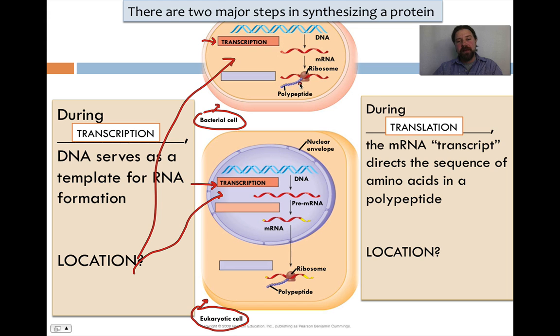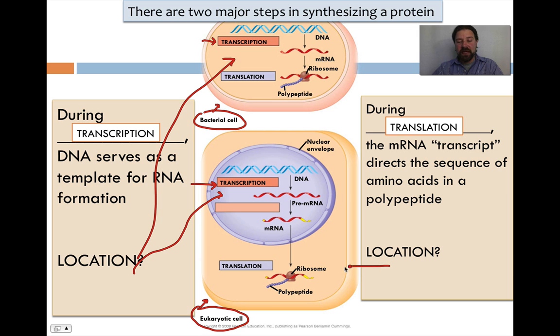You see a polypeptide being produced. You see a ribosome in action. You see the mRNA seemingly being threaded through that structure, and that's what we call translation. So that also occurs inside of the cytoplasm of the bacteria. In a eukaryotic cell, however, we see that translation leaves the nucleus and happens out here in the cytoplasm.